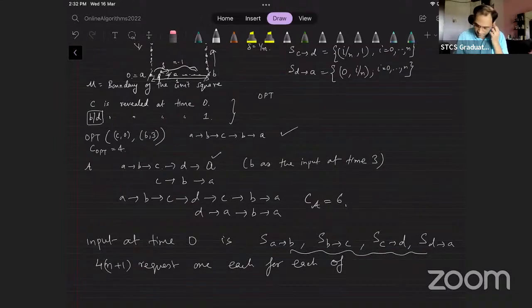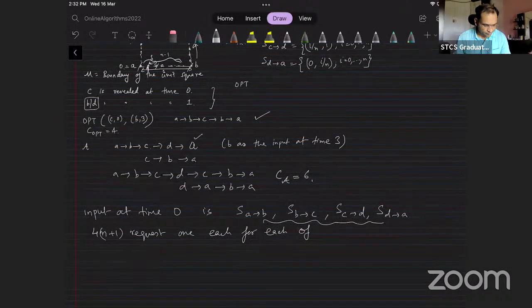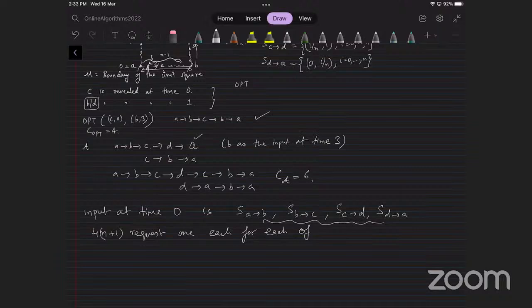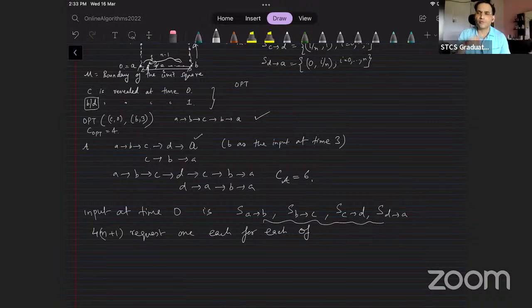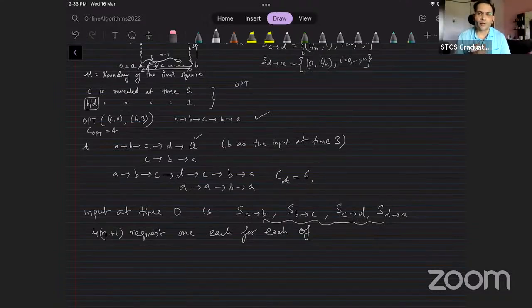Valid input, right? Is the input clear? So you ask for all these 4n plus 1 points at time 0. Now you decide how you want to travel.